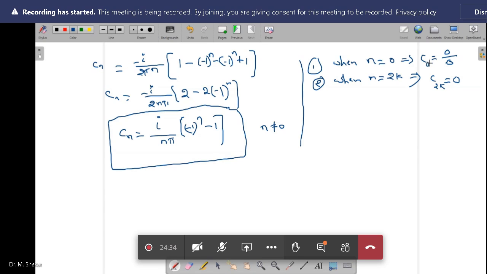So to avoid this, it is observed that Cn is 0 for even n.